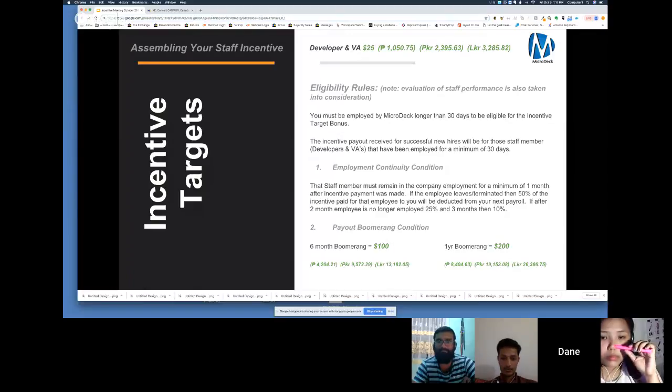So if they started October the 2nd, and a year later they're still here, you get $200 on your next pay. All of this will be tracked in detail, believe me. The accounting department and bookkeepers will track it, and the 100 and the 200 are translated into your local currency.